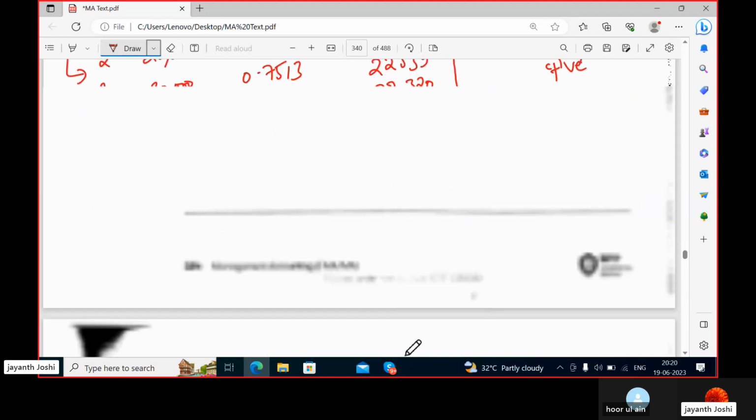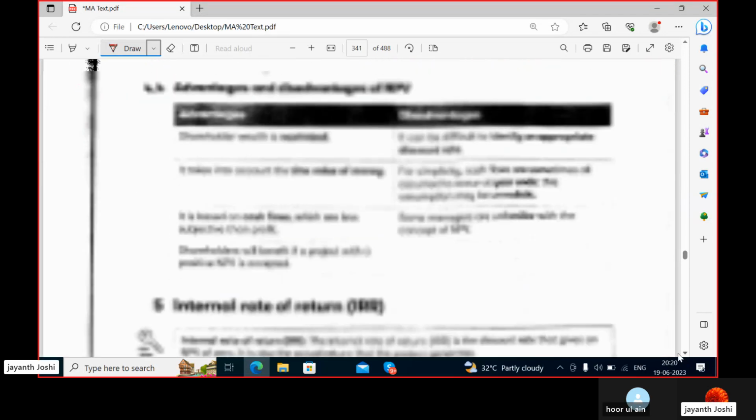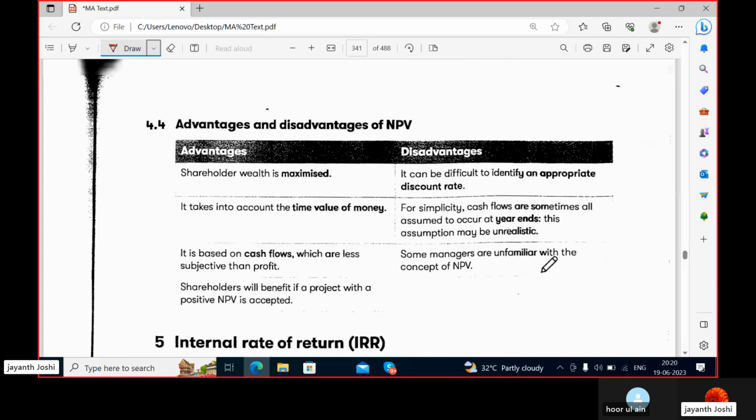Let's discuss the IRR question, the last and final method. Before that, we will understand some of the advantages and disadvantages of NPV. With NPV being positive, you can accept the project. Positive NPV projects can definitely maximize the shareholders' wealth.